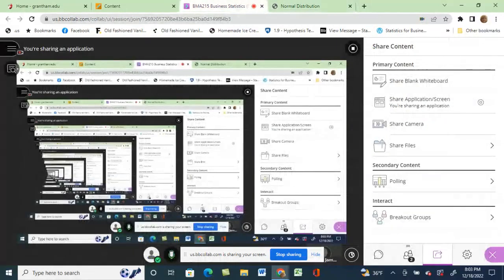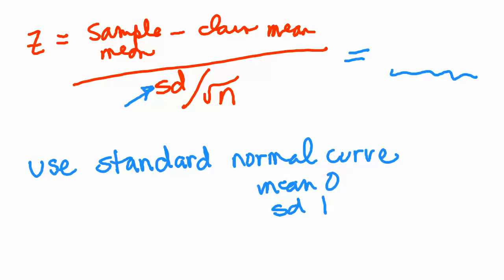Let me go back to my whiteboard, as if you did this. Oh, the 155.563, that's the standard deviation over the square root of n. What was that from that first problem?